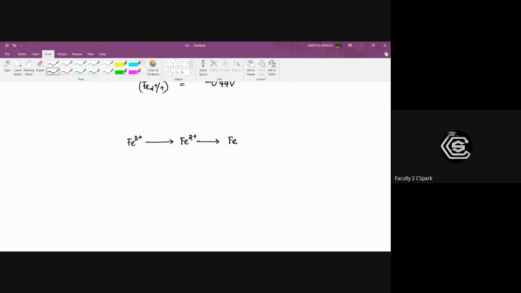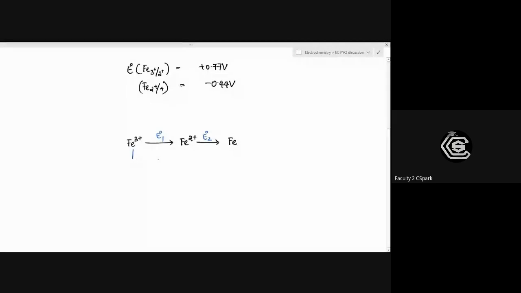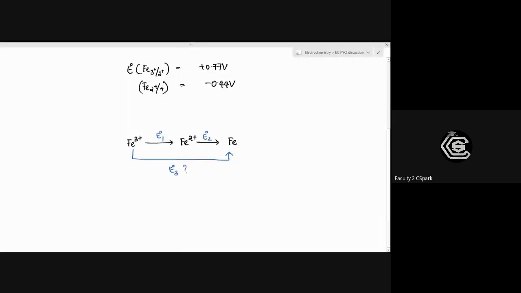Three species are given: Fe3+, Fe2+ and Fe. Let's take the first reduction potential as E naught 1. Fe2+ to Fe, let's take it as E naught 2. What they have asked for is Fe3+ to Fe, E naught 3. That is the question.